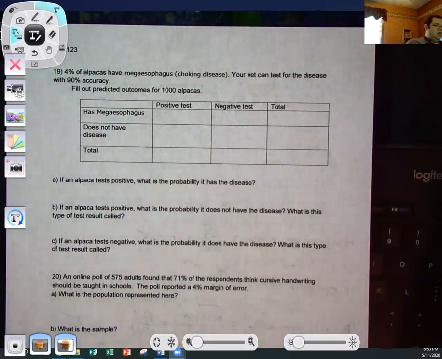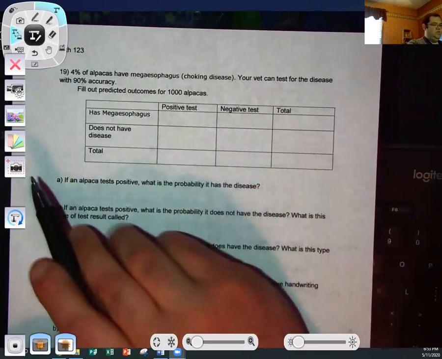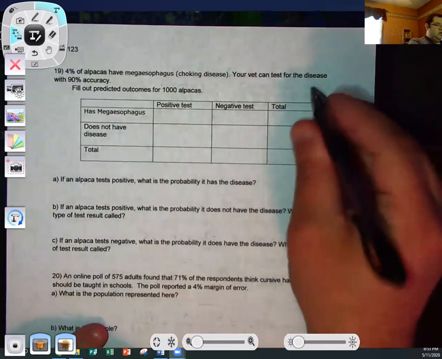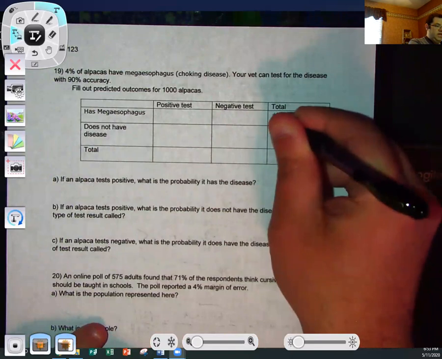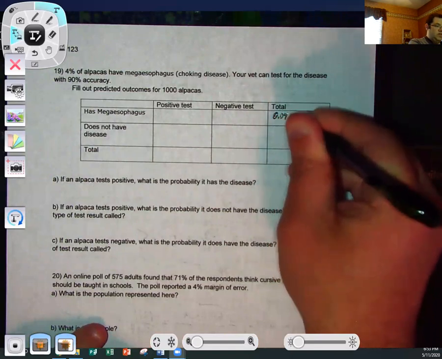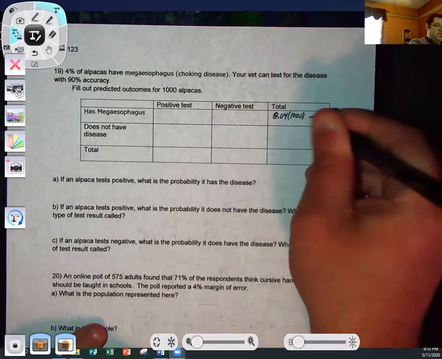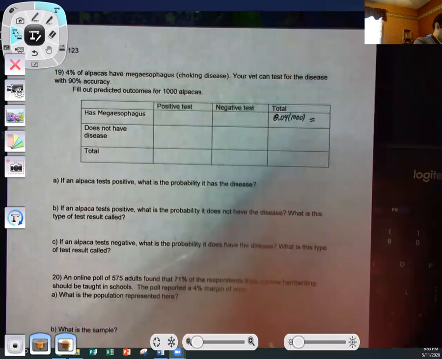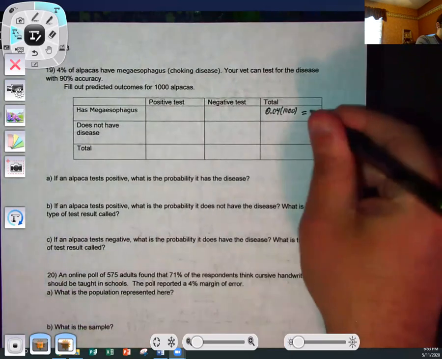Okay? So notice that 4% of alpacas have this disease altogether. So if that's the case, 0.04 times 1,000 will have this disease, which is equal to, just double checking, that would be 40.